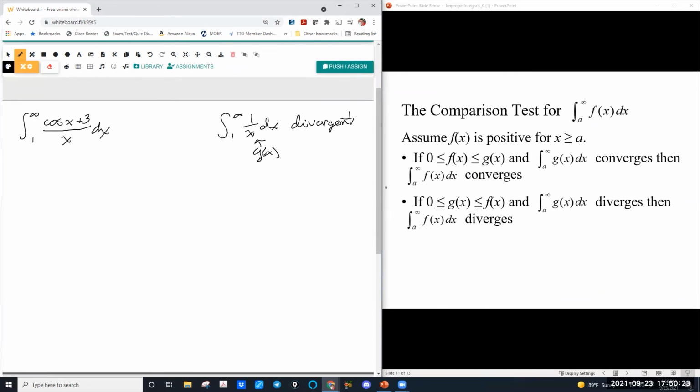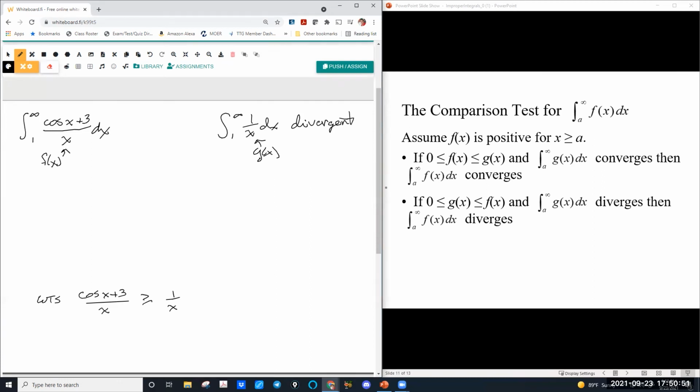This is basically my F. So I can only test for divergence, and I must show that F is bigger than G. I want to show that this side is greater than or equal to this side.